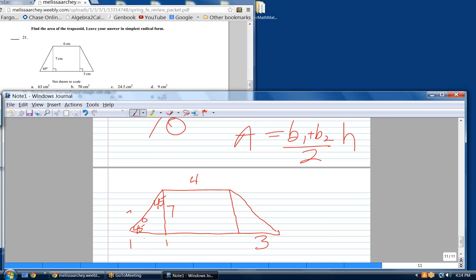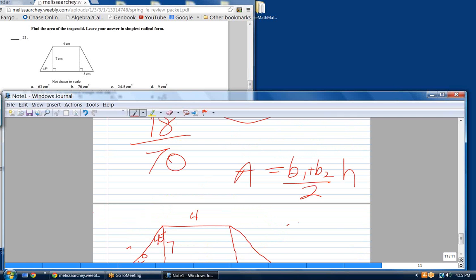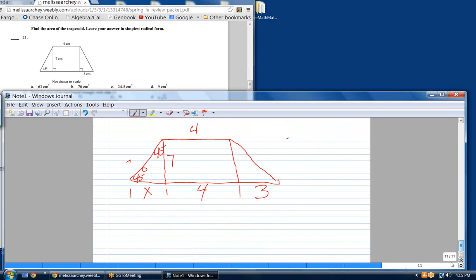I'm not following you here. Okay, in order to get the bottom base, we know that this dimension is 4 because that's a rectangle. So if we can figure out this final dimension, we'll have the bottom base. Use a trig function if you have to. You need to solve for x.